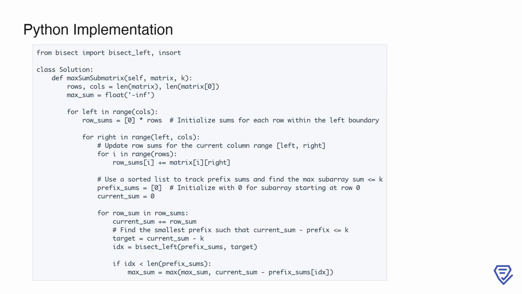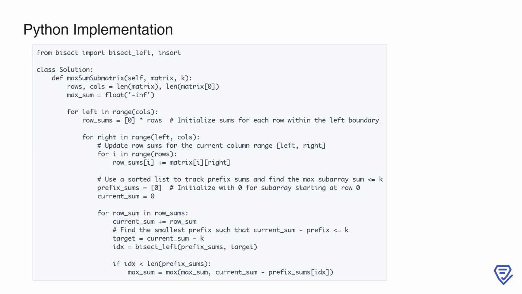Now, to find the maximum subarray sum within this range that does not exceed k, we use a sorted list called prefix_sums. We initialize it with a 0, which represents the sum of an empty subarray starting at the top. We also maintain a running total, current_sum, which accumulates the row sums as we iterate through each row. For each row, we calculate the target value as current_sum - k.